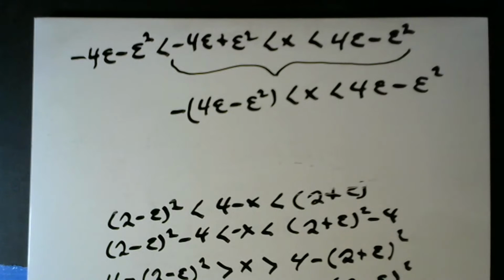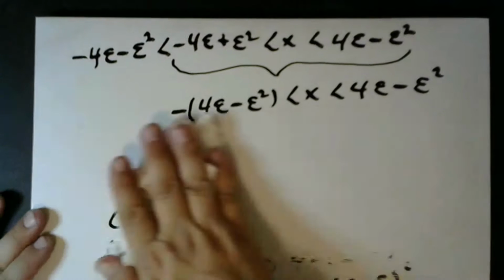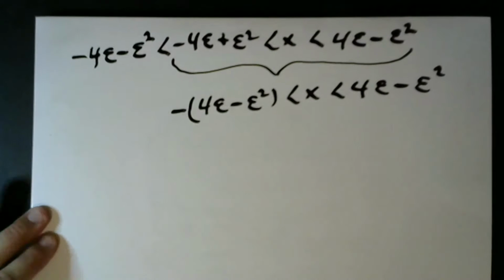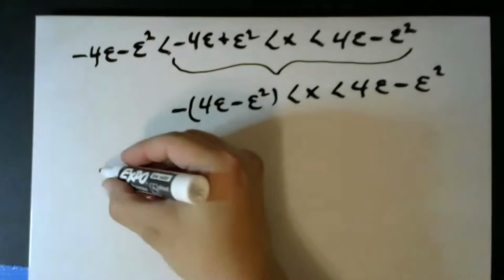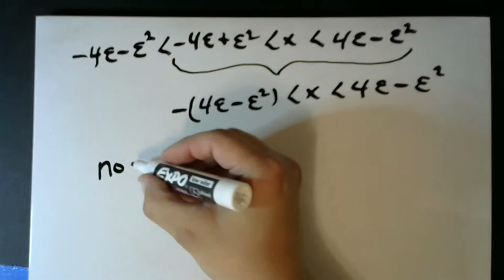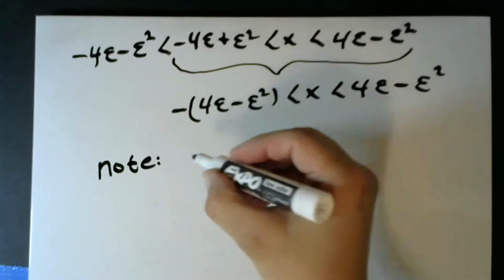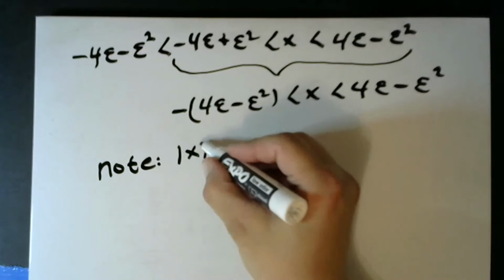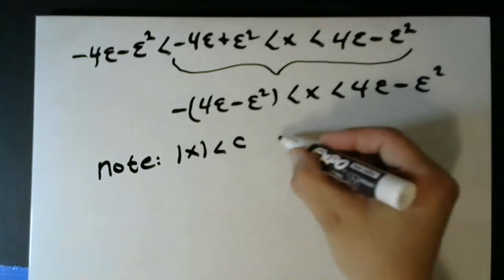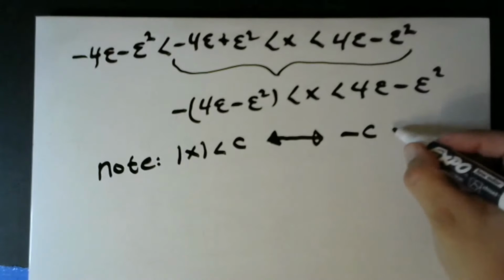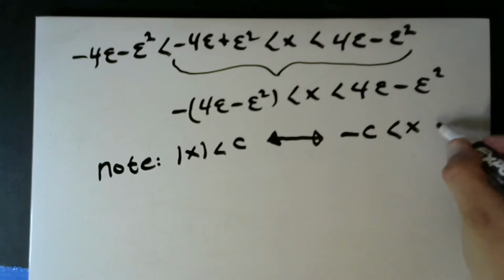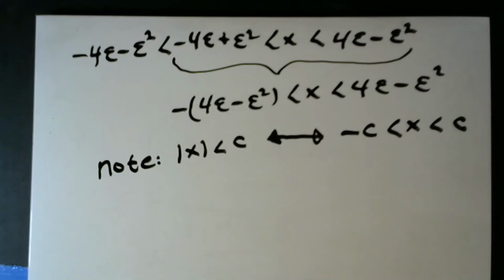Now, the reason this helps is we're using a property of absolute values. And the property says this. If absolute value of x is less than c, then we can rewrite this as negative c less than x less than c.